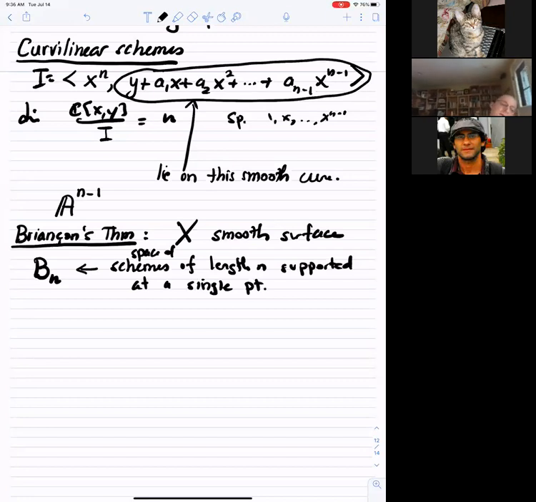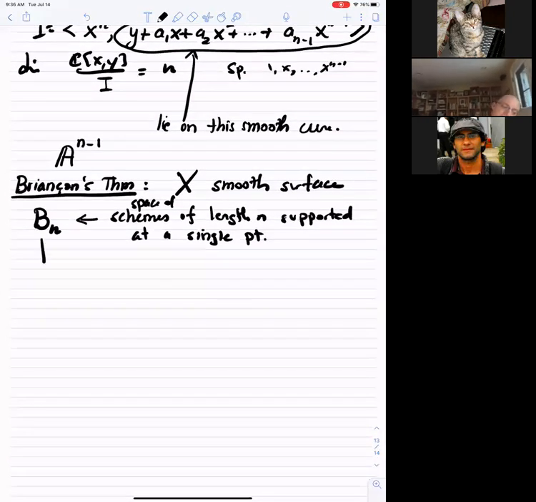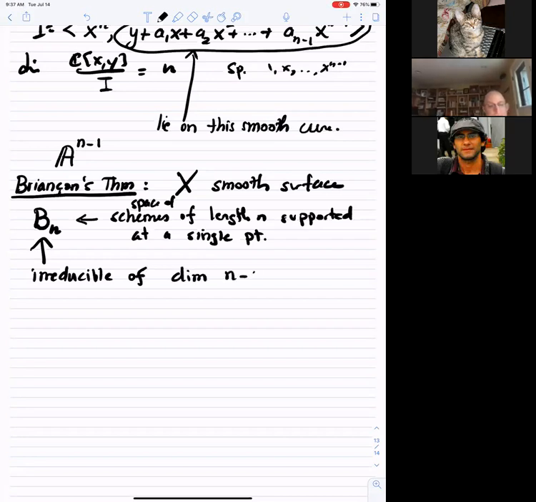Now, what Briançon says is that this is irreducible of dimension n minus 1. And it contains the locus of curvilinear schemes as a dense open subset.